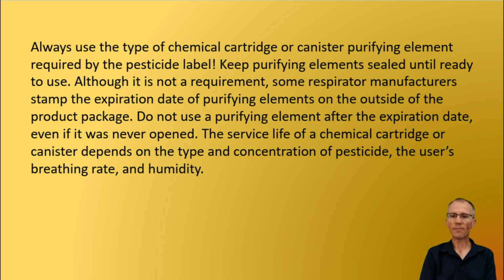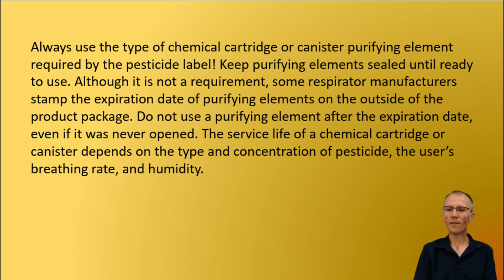Always use the type of chemical cartridge or canister purifying element required by the pesticide label. Keep purifying elements sealed until ready to use. Although it is not a requirement, some respirator manufacturers stamp the expiration date of purifying elements on the outside of the product package. Do not use a purifying element after the expiration date, even if it was never opened.